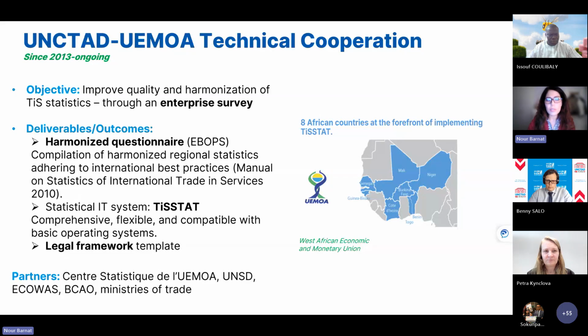Since 2013, we developed a harmonized questionnaire based on EBOPS, and we also developed TiSSTAT during this period, and we shared with them also a legal framework. TiSSTAT is implemented in these countries now, namely Mali, Niger, Côte d'Ivoire, Benin, Senegal. And this year, Benin and Senegal conducted their full survey using TiSSTAT 100%, and they are about to publish this data.